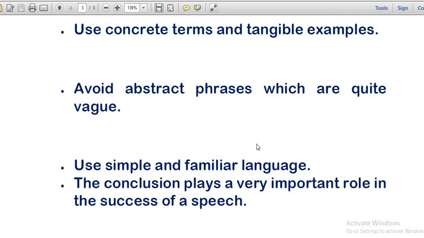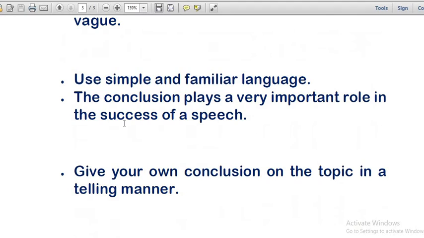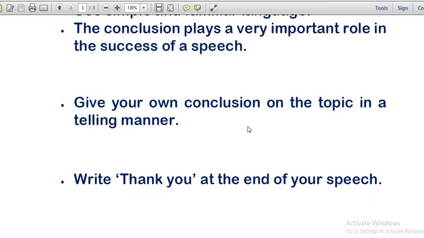And dear students, remember one important thing: the conclusion plays a very important role in the success of a speech. Just like the introduction and the body of the speech are important, similarly the conclusion part is also very important. Give your own conclusion on the topic in a telling manner.